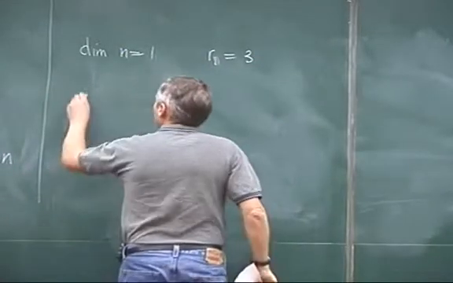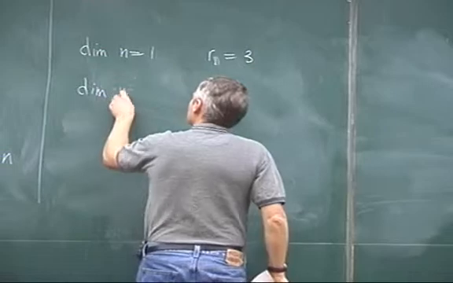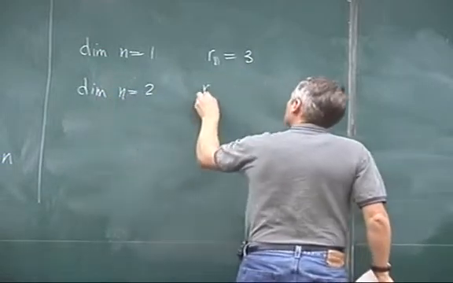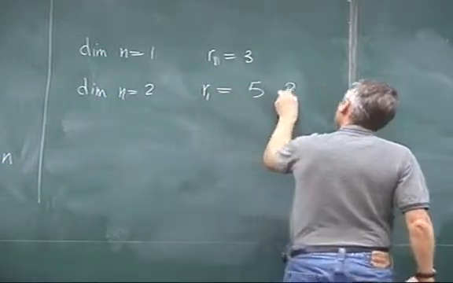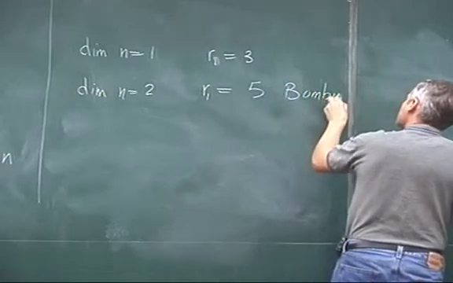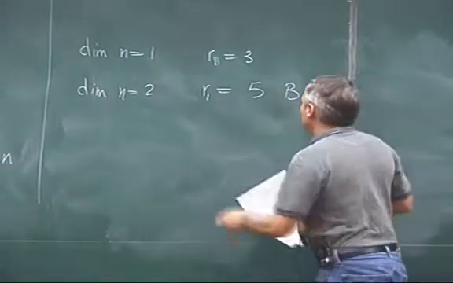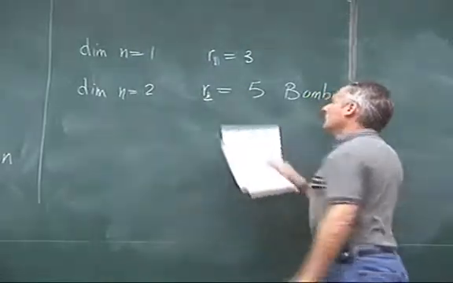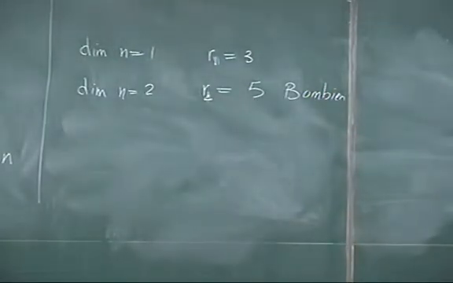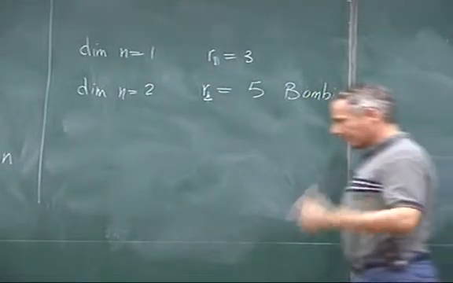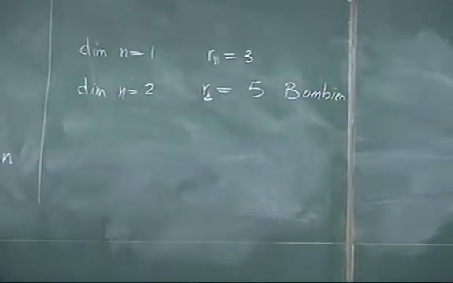Okay, so otherwise, if the dimension is 2, then Bombieri proved that R_2 equals 5 will work. If you take a surface of general type, then 5 times the canonical series always gives you a birational map.